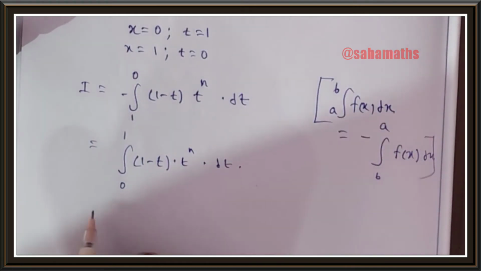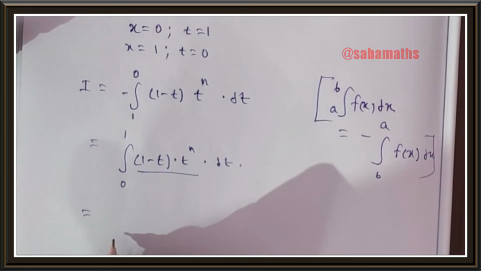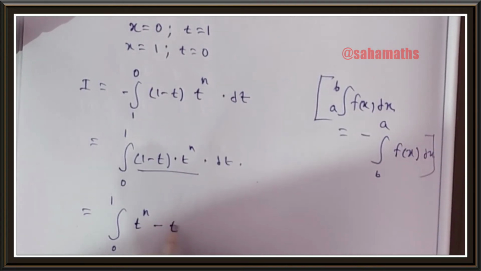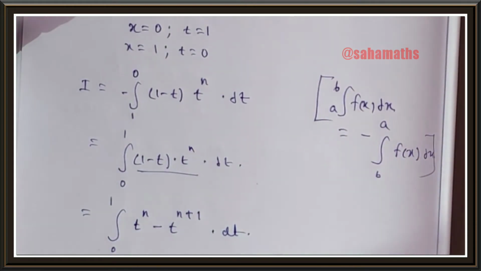Now I'm just going to multiply this, and it comes like this: the integral from 0 to 1 of t to the power n minus t to the power n plus 1 dt.